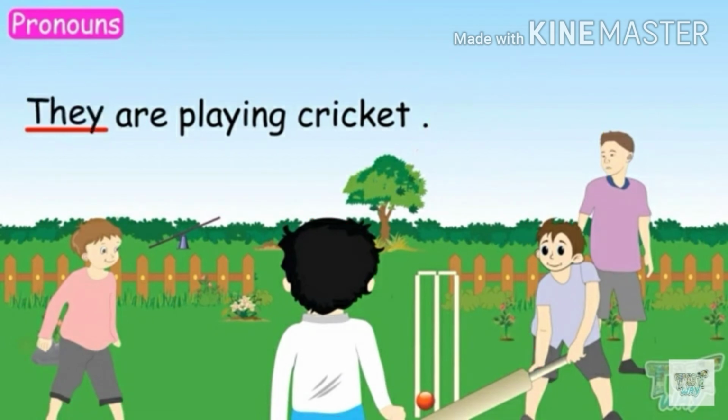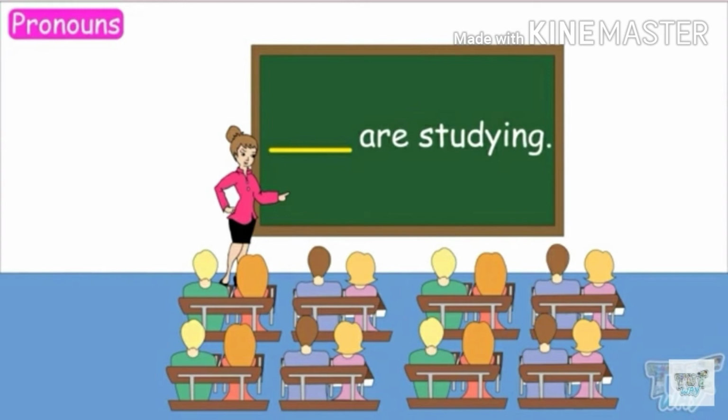"They are playing cricket," because "they" is used for other people and more than one person. Now the next is "Dash are studying." The correct pronoun is "They are studying," because "they" is used for more than one person and other people. So the correct pronoun is "they."